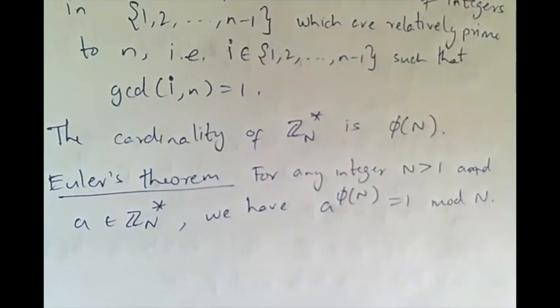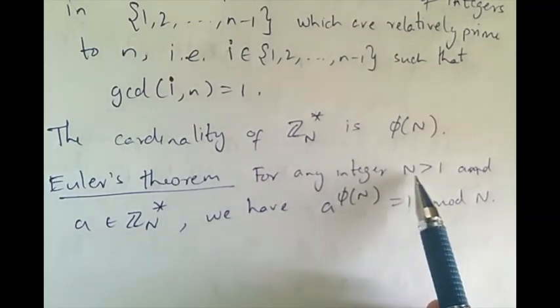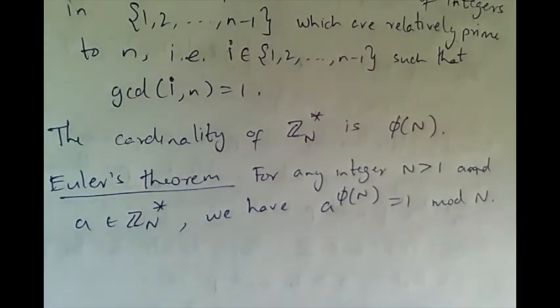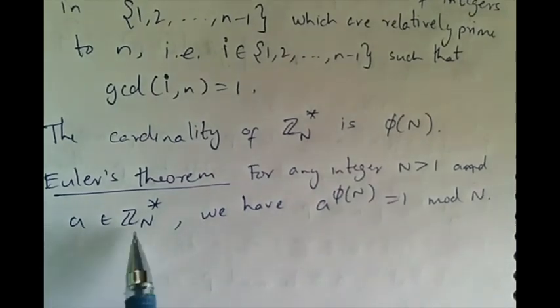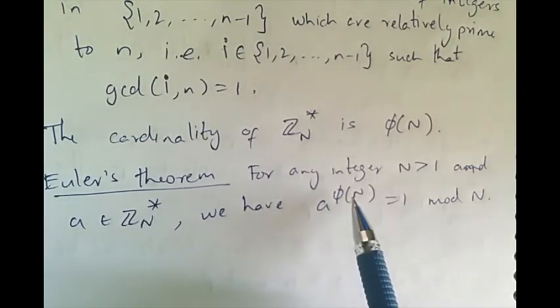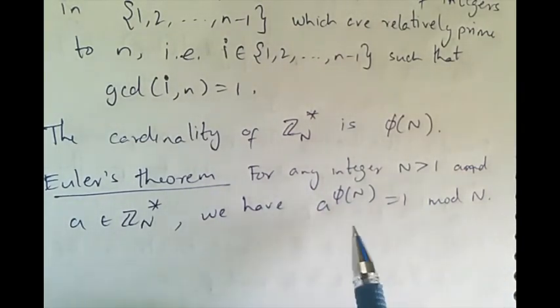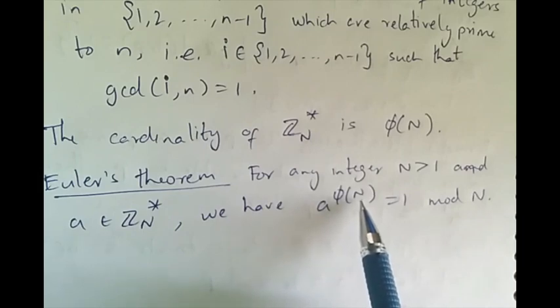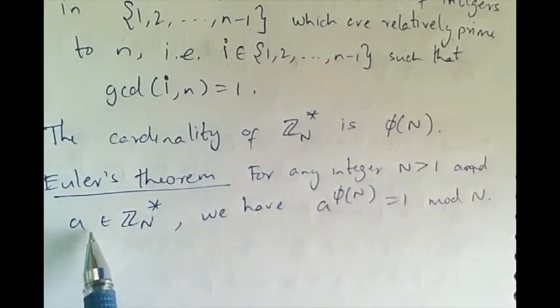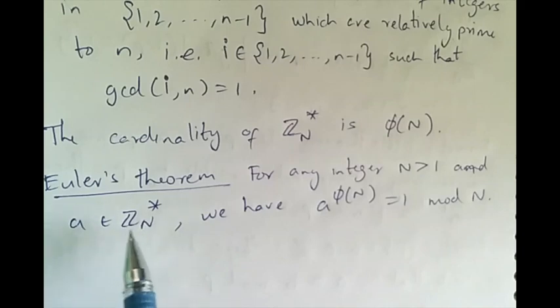So what did Fermat's little theorem say? The difference was that n was a prime and a was any integer not divisible by that prime p. So here we have a to be in Zn star, and in Fermat's little theorem we had p minus 1 here, and the remaining part was similar. So if you substitute n equals a prime p, then phi of p will be p minus 1, and any integer in Zp star will be an integer which is not divisible by p.